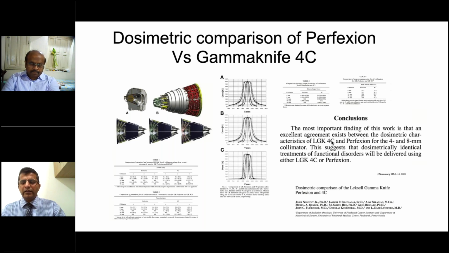But the third collimator, the 16 mm collimator, cannot be compared here, because the 4C model has an 18 millimeter collimator as the reference, whereas in the case of Perfexion and Icon, the 16 mm is the reference collimator for those units.